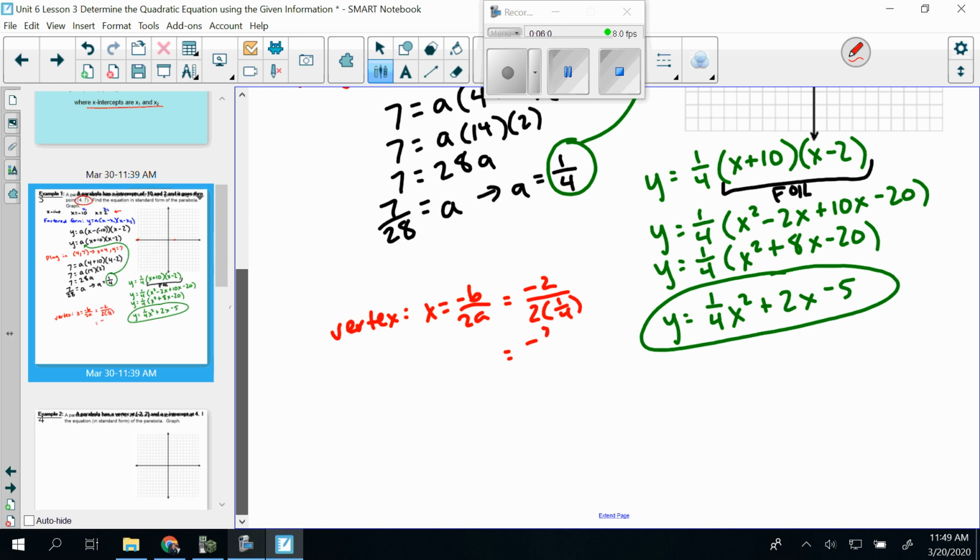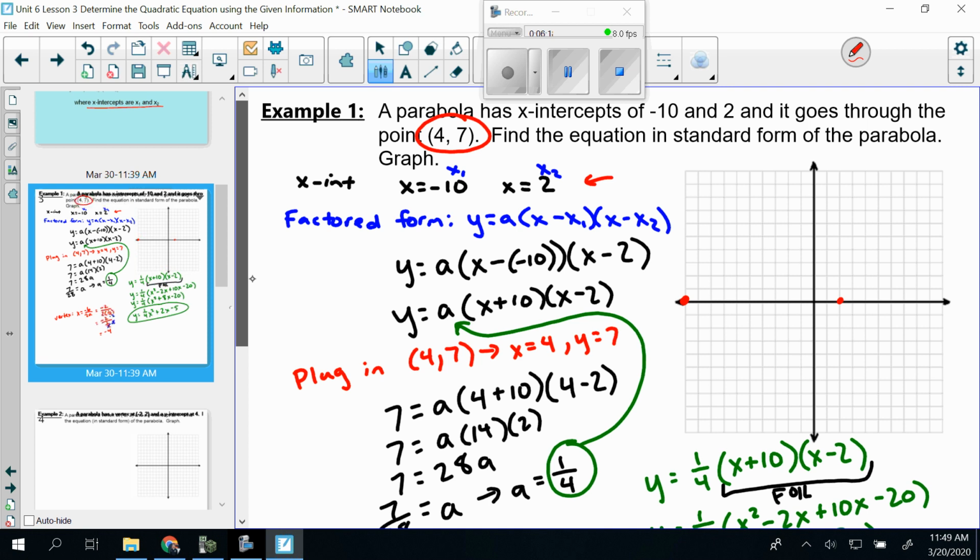That's -2 over 2 times a fourth, which is a half. To solve that, we'd multiply by 2 to both top and bottom, because 2 is the reciprocal of 1/2. And so it looks like -4.